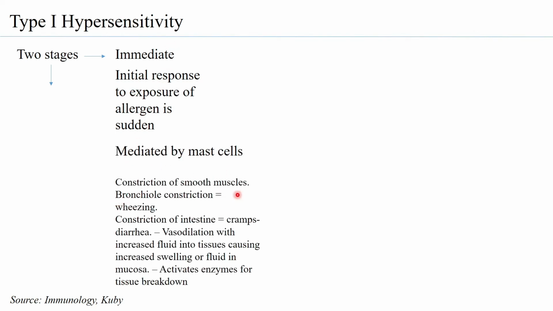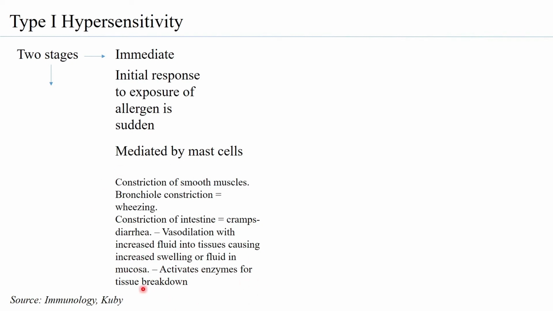So you can have constriction of smooth muscles because of bronchial constriction. So you can see that asthmatic people wheeze, have a wheezing effect. They have difficulty breathing. Plus, constriction of intestine can lead to cramps and diarrhea, or there could be vasodilation and so swelling or fluid, and also it activates enzymes, so there can be tissue breakdown.